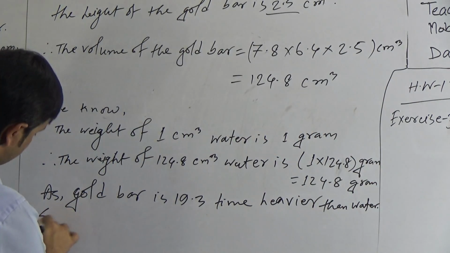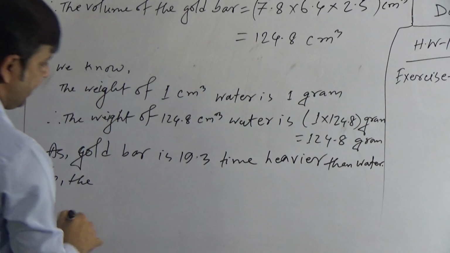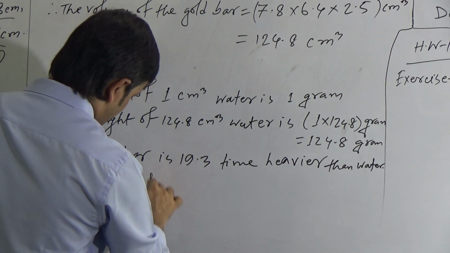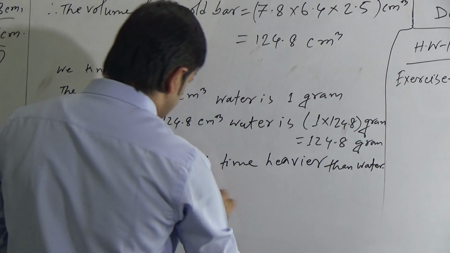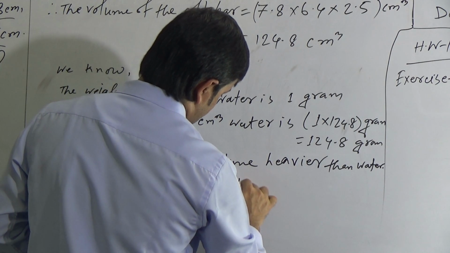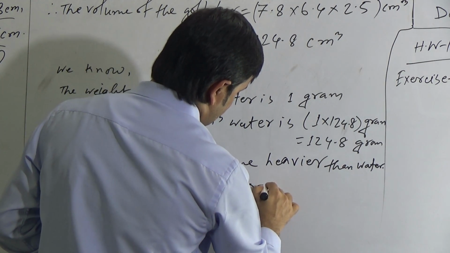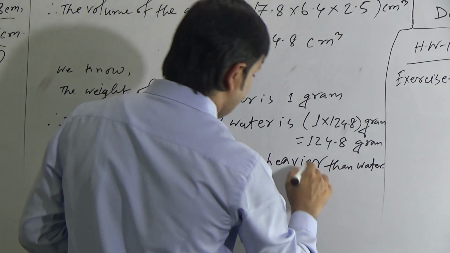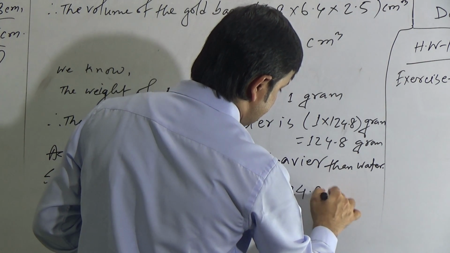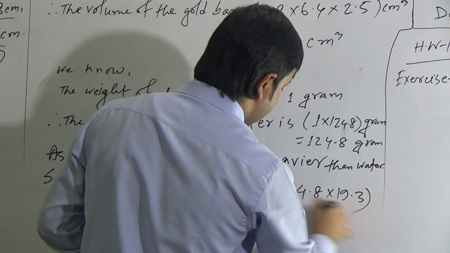So the weight of gold bar will be equal to 124.8 into 19.3.